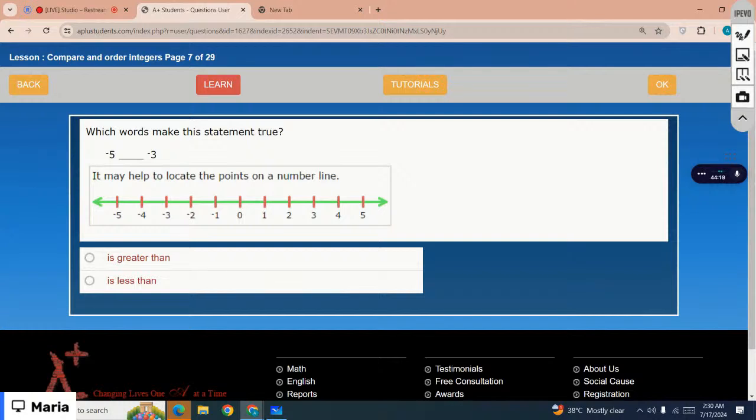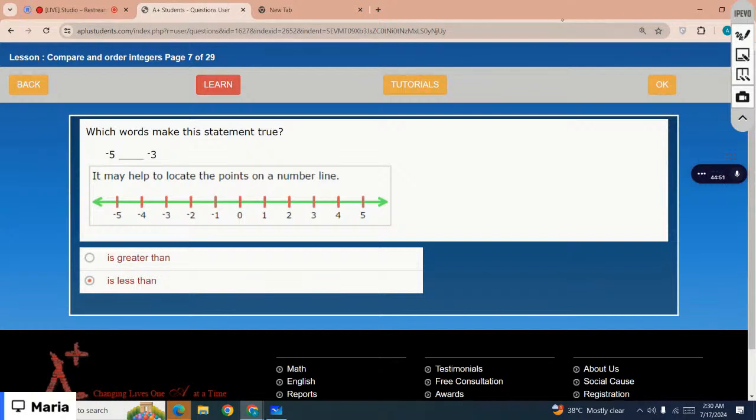-5, we have to compare it to -3, so which is the correct option? Yes, -5 is less than -3.